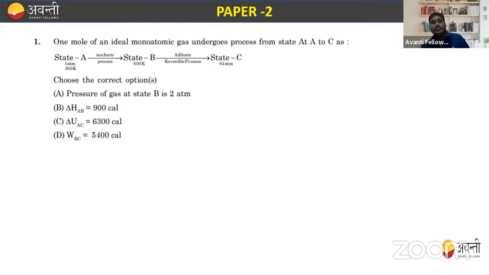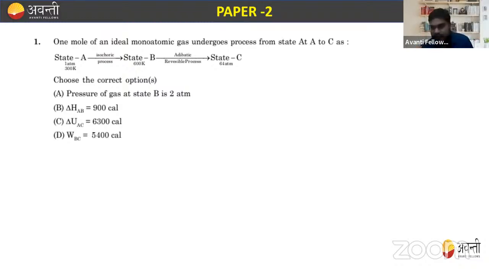Okay, so paper 2, the first question, as we can see: 1 mole of an ideal monatomic gas undergoes a process from state A to C as follows, right? State A to state B to state C, and the process name is also given.